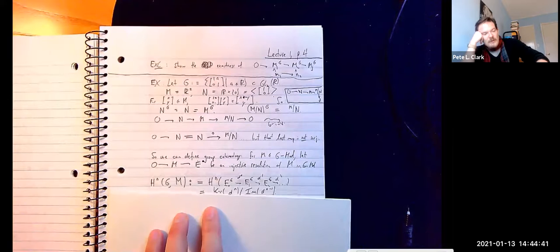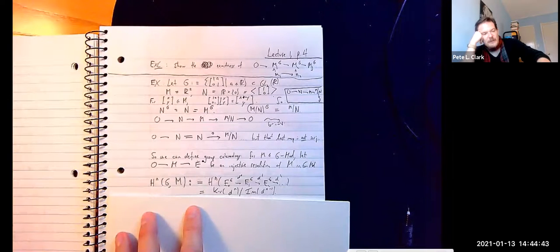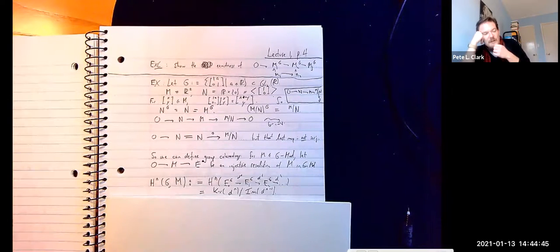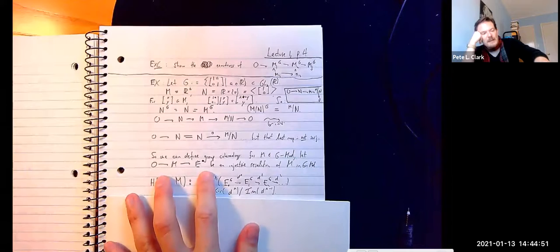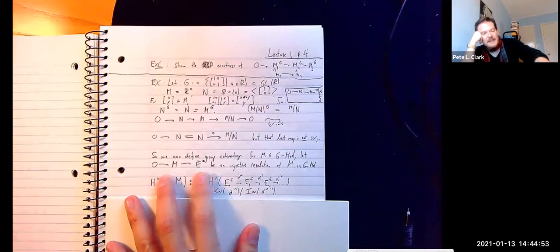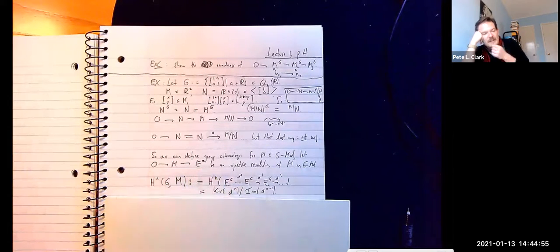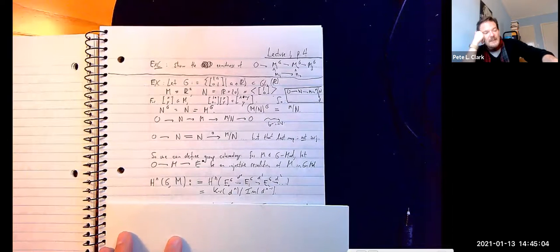And then what do you do to get the cohomology groups? You apply the functor. And because the functor is not exact, once you've applied it, you don't necessarily have an exact sequence anymore, but you still have a cochain complex. And if you take the cohomology of that cochain complex, then that is the group cohomology.